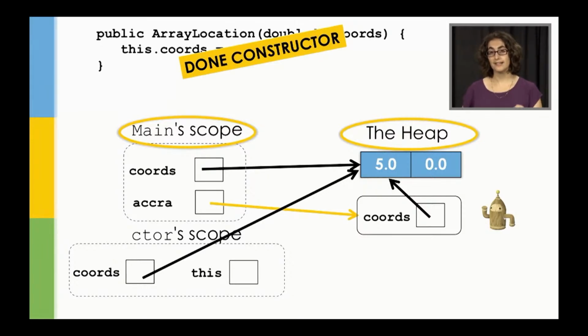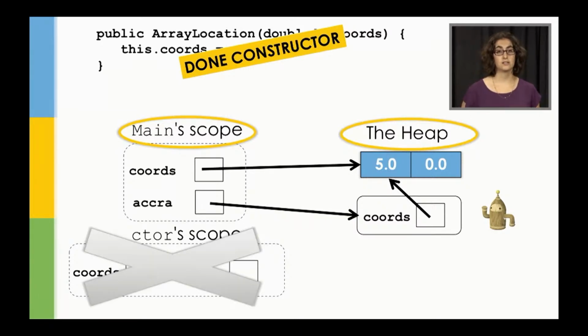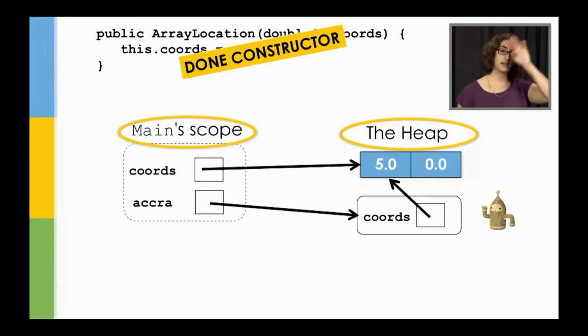But also we have to do a couple of things when we finish executing the constructor. We notice that once the method finishes and returns its value, its scope goes away, and all variables associated with it just go away. And so we can erase it from our memory model. We don't need to think about it anymore.